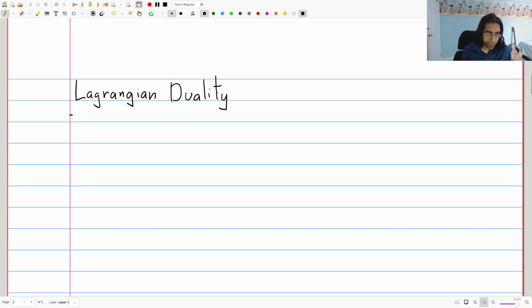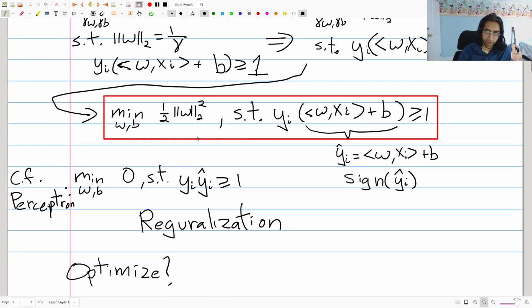So the Lagrangian dual is going to be an alternate way of representing any optimization problem, and like I said, it sometimes has advantages for various reasons. So let's see how we do this. I'm going to describe the steps, and I'm not going to justify all of them, but we'll see what we do.